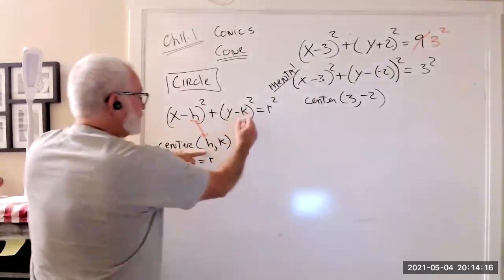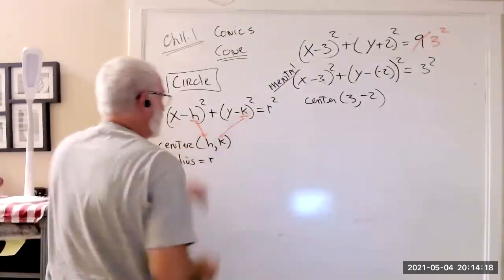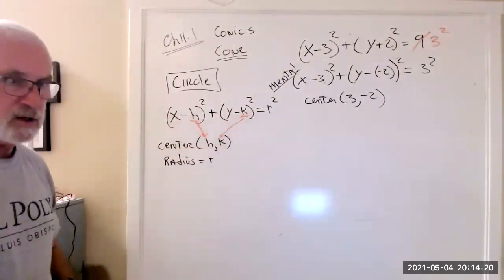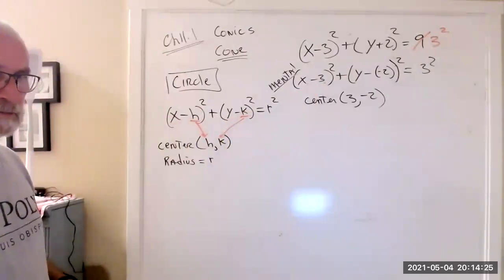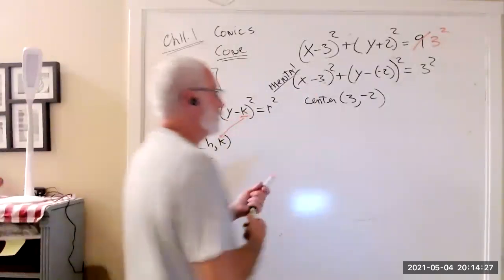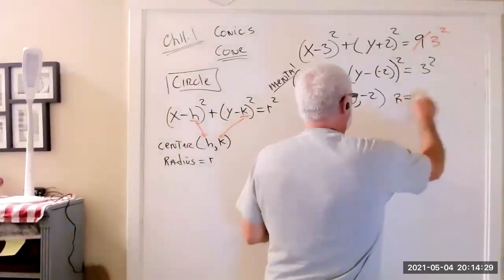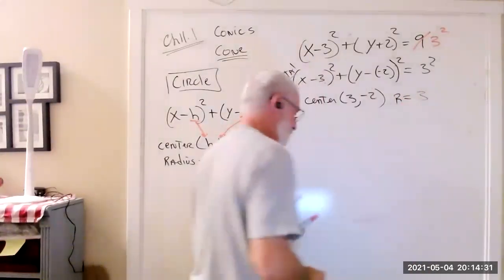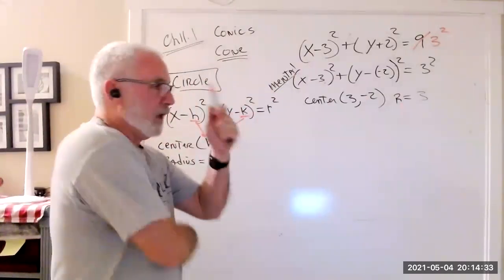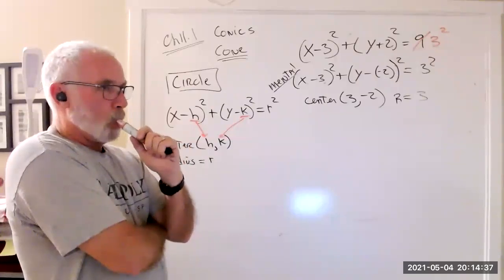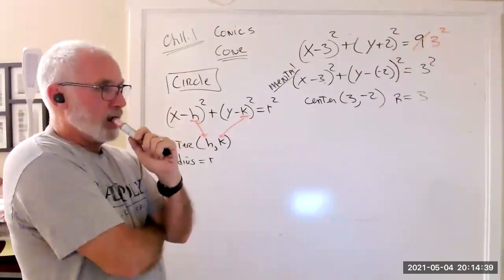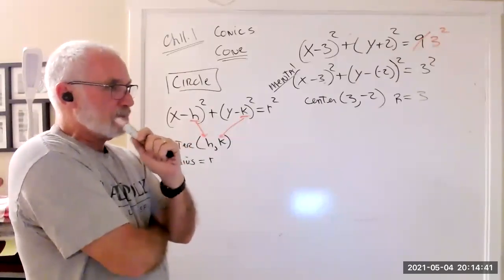When it's y minus k, we take the k and say that's part of my center. The h, k becomes my center. And the radius is 3. How's that for everybody? Kind of okay? All right.